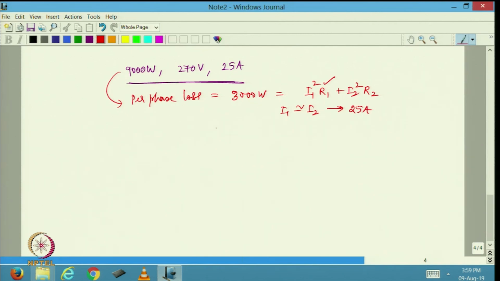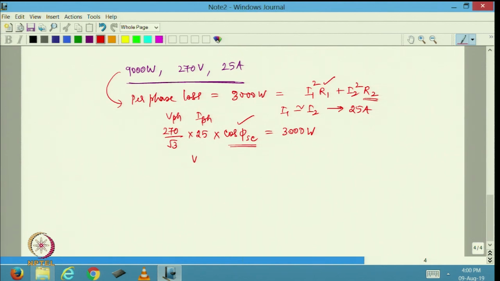So, I should be able to get the value of R2. Let me just write like this. Our voltage is 270 by root 3, which is the per phase voltage, multiplied by 25 ampere multiplied by cos phi SC equal to 3000 watts, from which I should be able to get cos phi SC. So this is V phase, I phase, cos phi SC equal to 3000 watts.